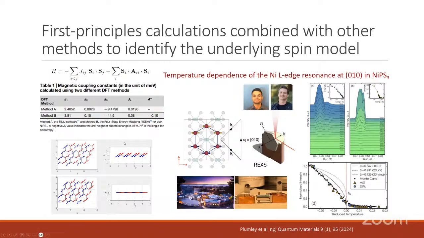So we could use the spin model to get a magnetic order, and then this could confirm that the magnetic order computed from the spin model correctly matches the magnetic order seen in the experimental results.